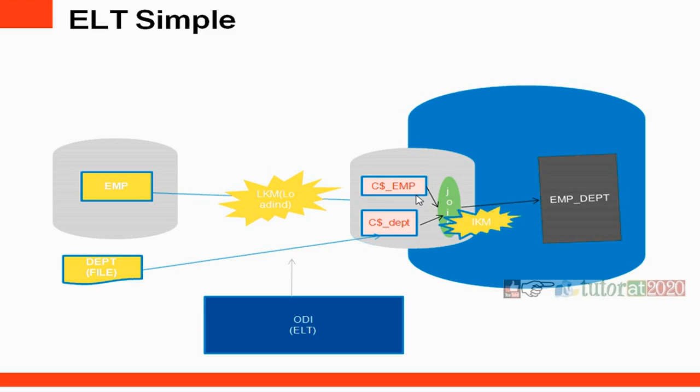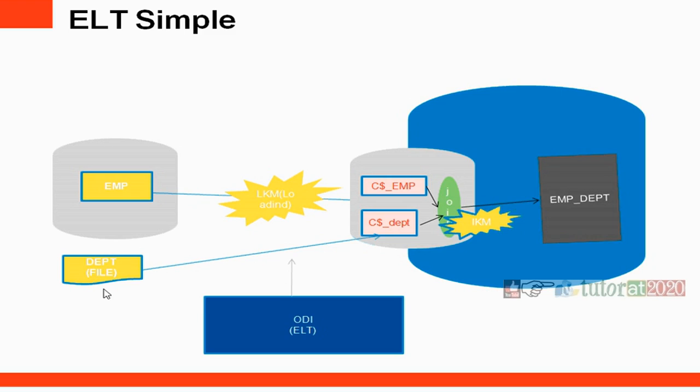Everything will be taken care of by ODI. How it is taken care of, we'll learn in the next session. So ODI will take the data and dump it onto your temporary tables where you have asked it to create. Creation of the table and loading of data will be done by ODI only.